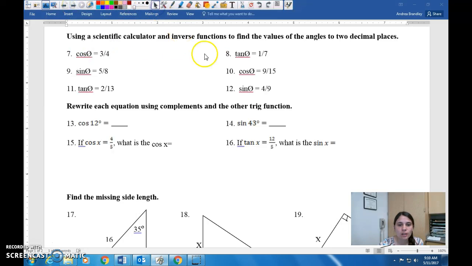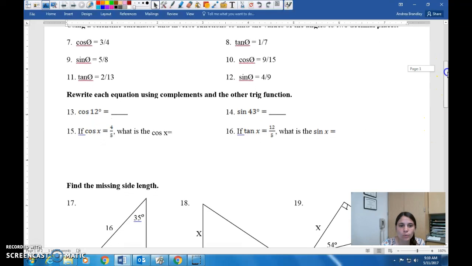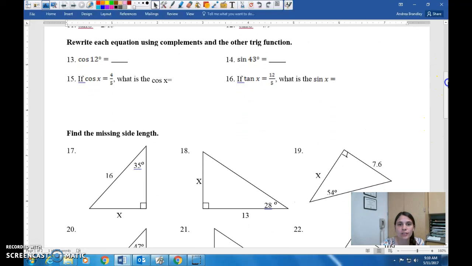And then numbers 13 and 14 is asking us to rewrite each equation using complements and the other trig function. So sine and cosine are what is called cofunctions. So if I wanted to write the cosine of 12 in sine version, I need to find the complement of 12. Complement just means that my two angles add to 90.